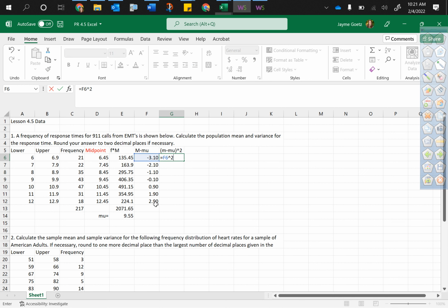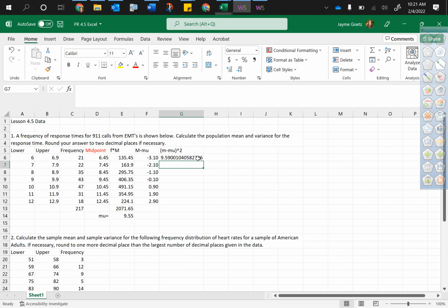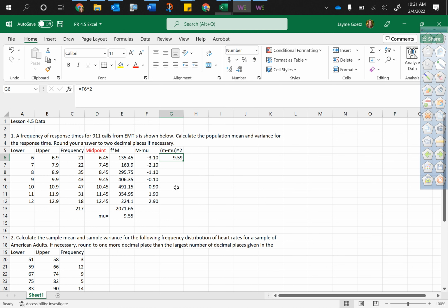You're just squaring it. Now that's way too many decimal points. Dang. Excel is killing me today. And we're just going to drag it on down. If you want to leave yours with that many decimal points, it doesn't bother me. It's up to you.